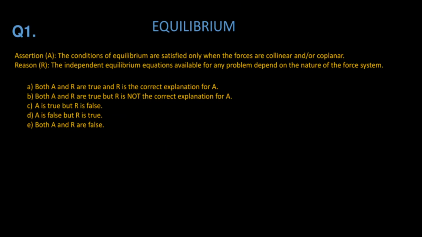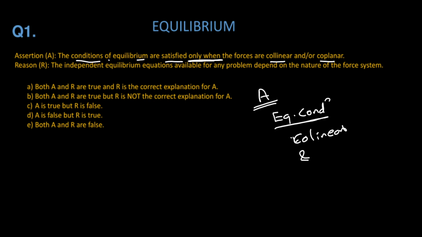Now read this question carefully. It is a statement type, 1 mark question. He is saying the conditions of equilibrium are satisfied only when the forces are collinear and coplanar, that it is a mandatory condition.